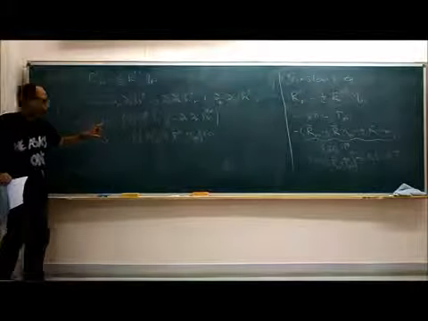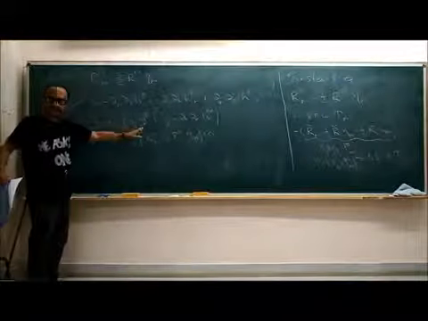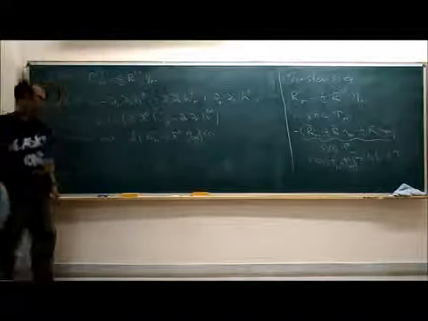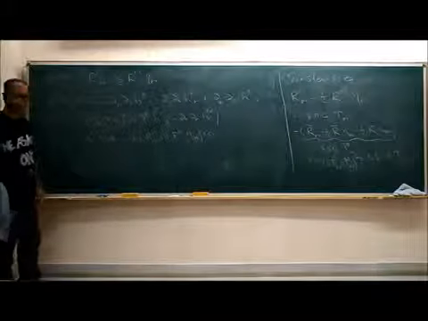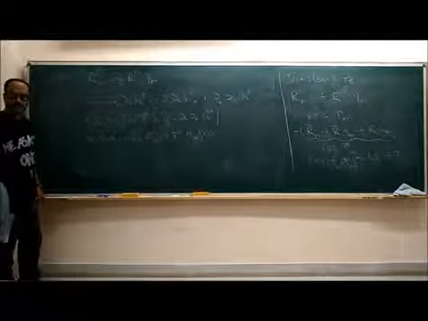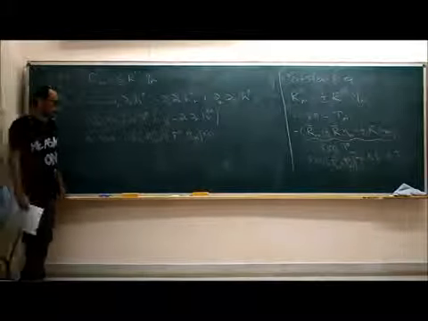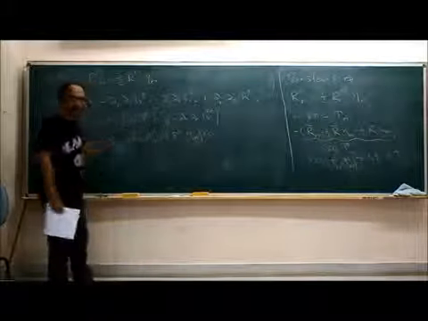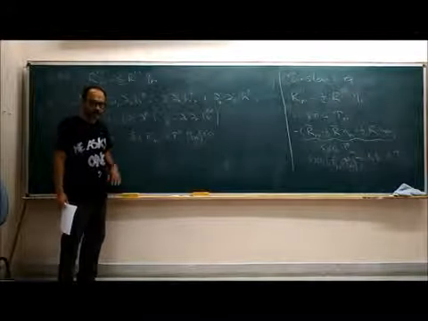If you just take this and contract with del mu, you will see the terms cancel pairwise and it gives you 0. This is just the direct consequence of this. Is this statement clear? It is expected, right? If I only consider the linear part of the Einstein equation, that is this. So this is basically the linearized version of the Bianchi identity. Because the full identity was del mu of R mu nu minus half R g mu nu equal to 0. This is the linearized version of that.